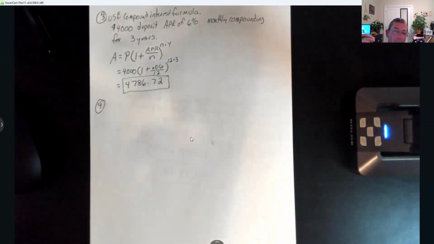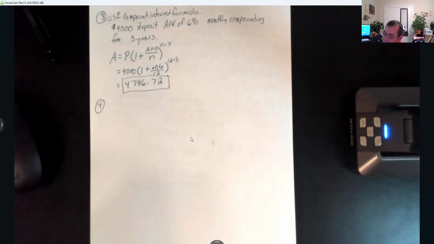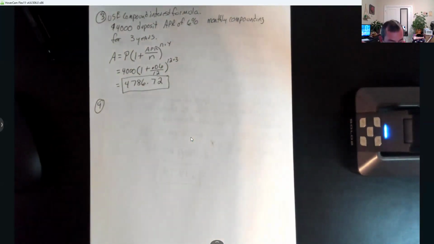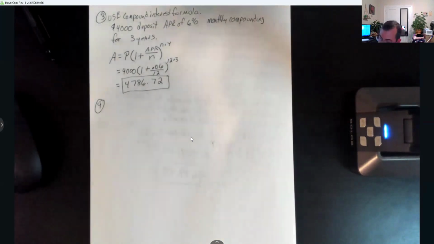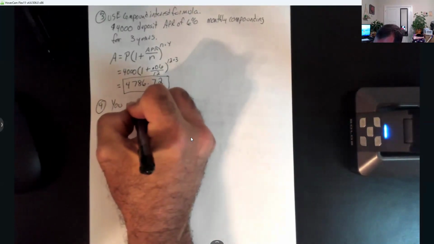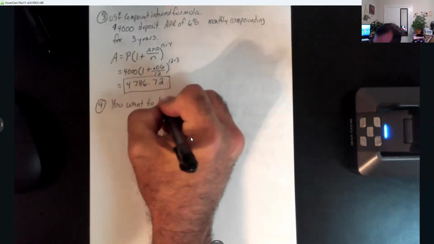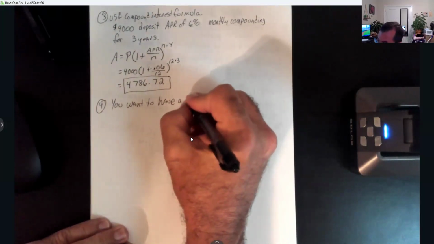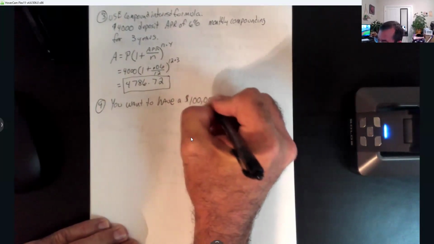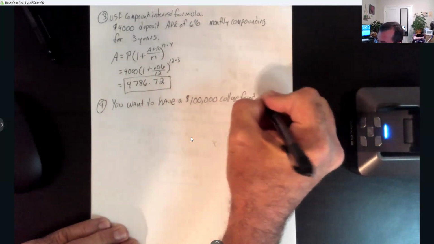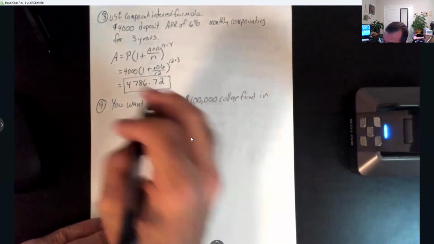So y'all, number 4 is a variation of this formula. Because here's the thing on number 4. Number 4 says you want to have a $100,000 college fund in 20 years.